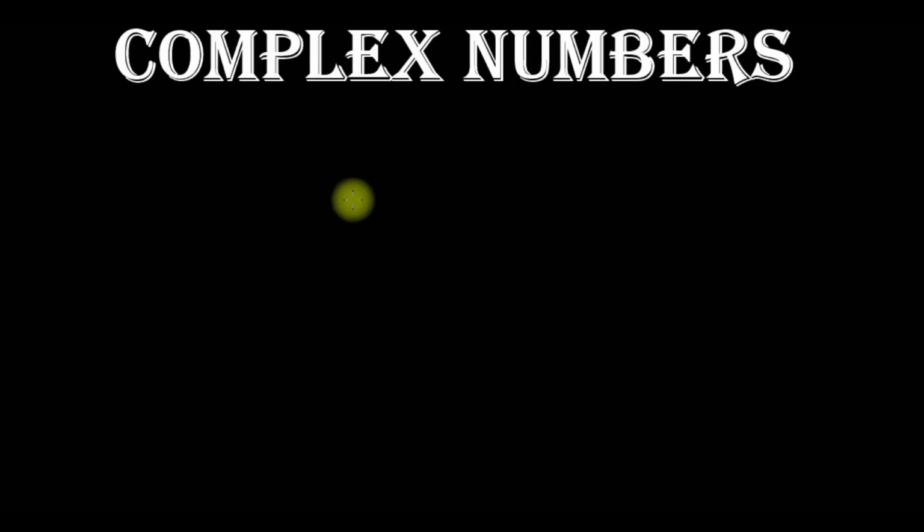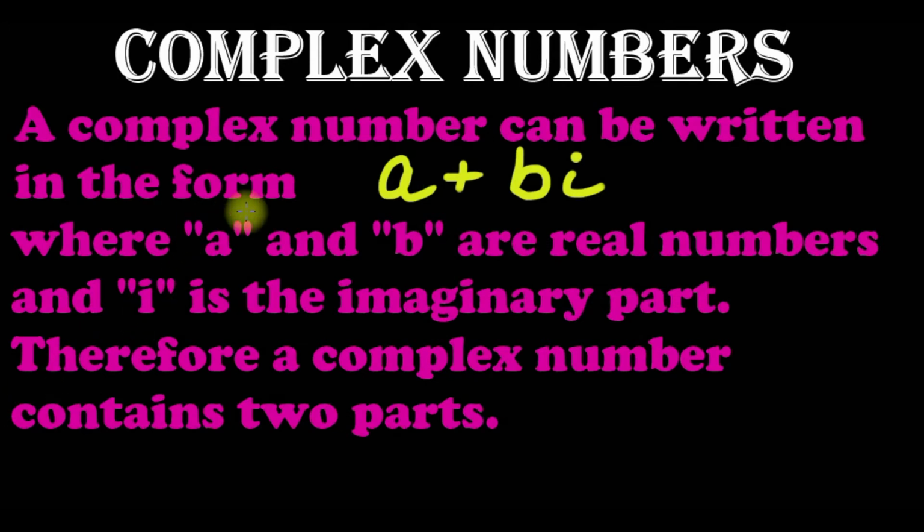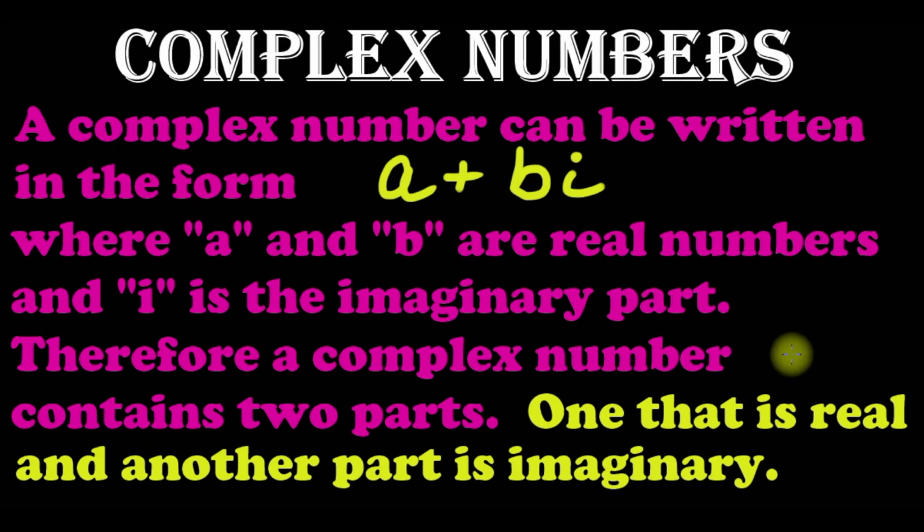So here I'm going to show you what a complex number is. A complex number can be written in the form a plus bi, where a is real and b is also real. So those are real numbers, and i is the imaginary part. Therefore, a complex number contains two parts. One part is real, so the a is the real part, and the other part is imaginary, so the bi is the imaginary part.